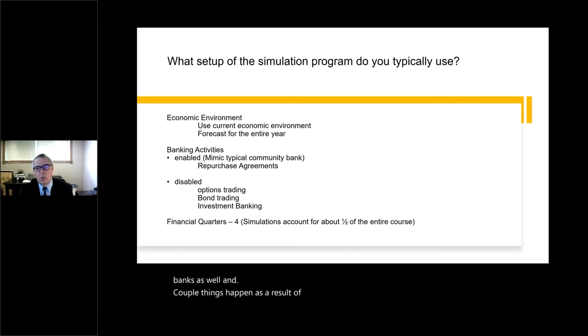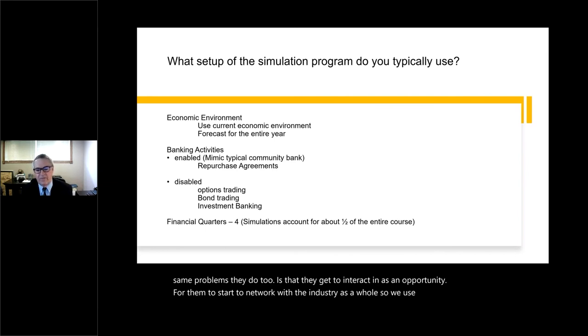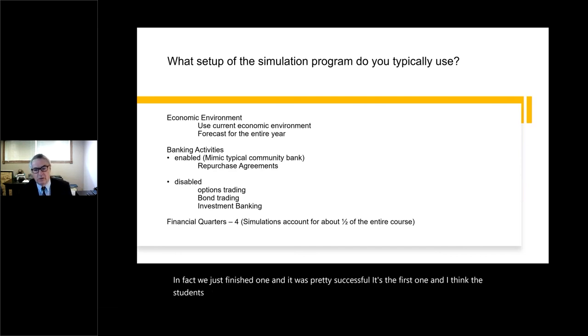One, the students find out that the CEOs have the same problems they do. Two, they get to interact, and it's an opportunity for them to start to network with the industry as a whole. In fact, we just finished one, and it was pretty successful. It was the first one, and I think the students did pretty well with it. So that's how we try to use it.